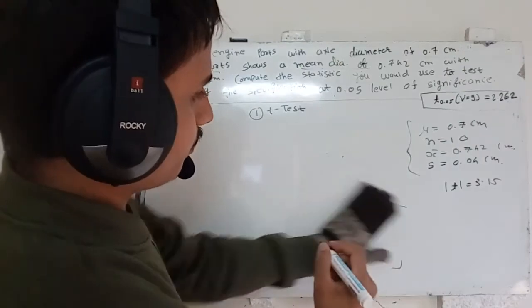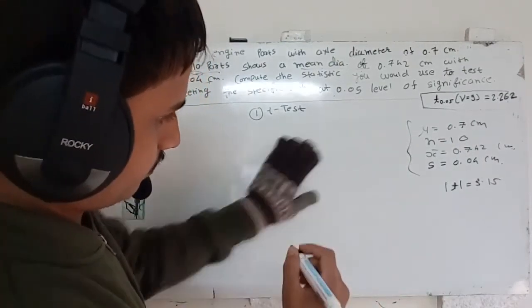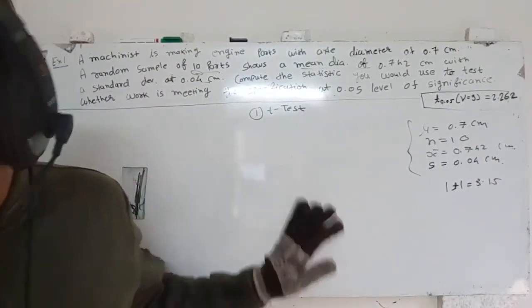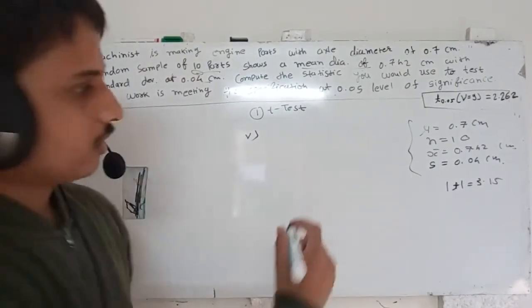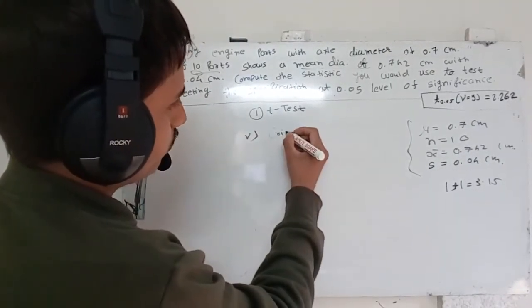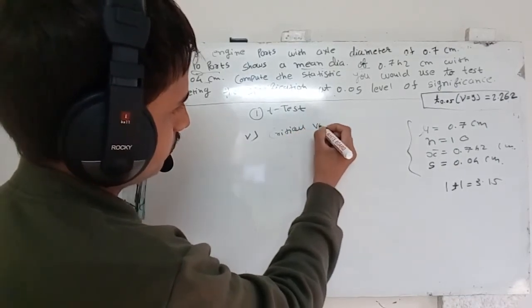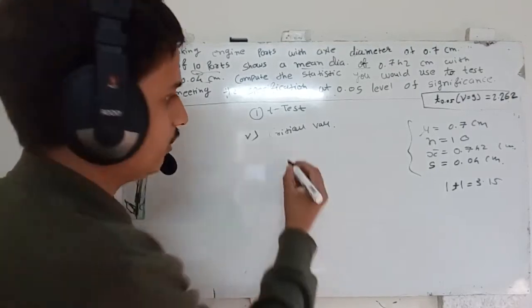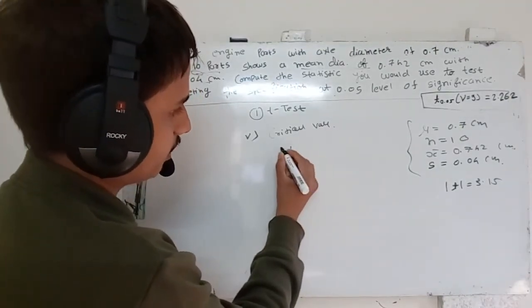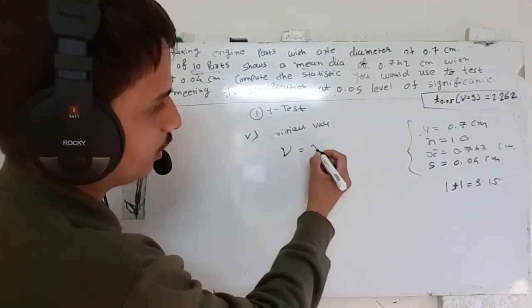Now in next step, that is fifth step, that is critical value. So here we will define a term, that is degree of freedom. It is v, small v. Degrees of freedom is equal to n minus 1.